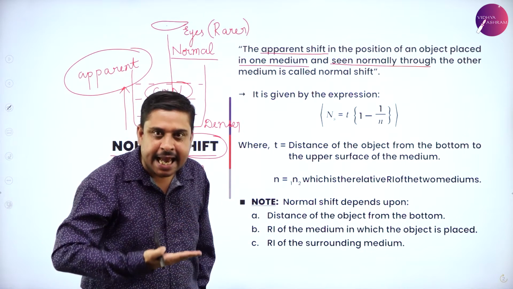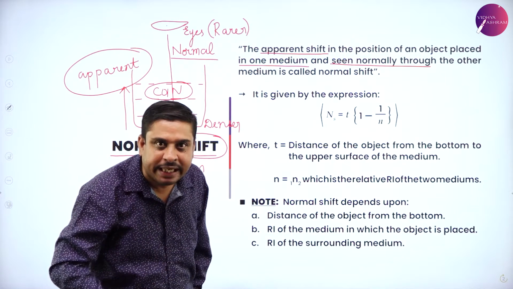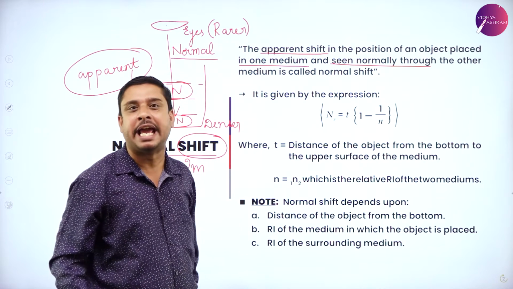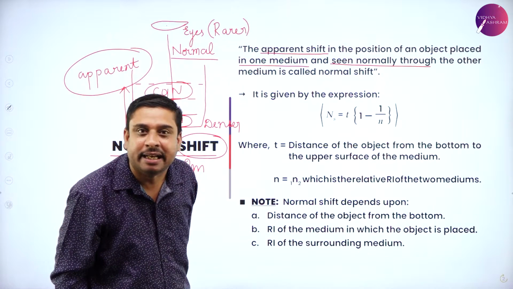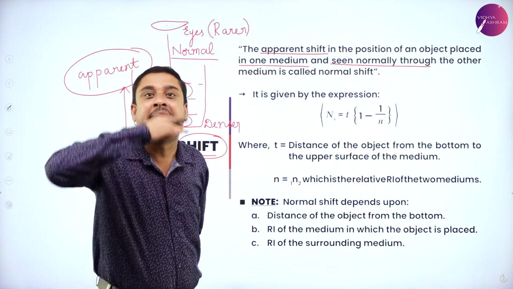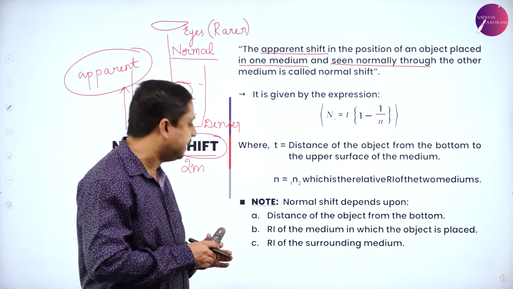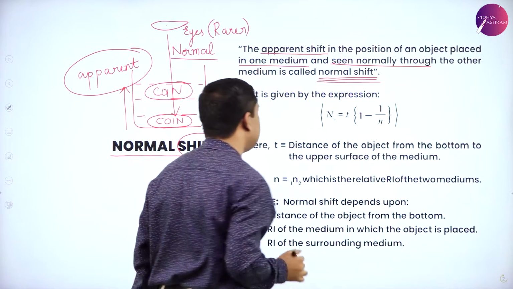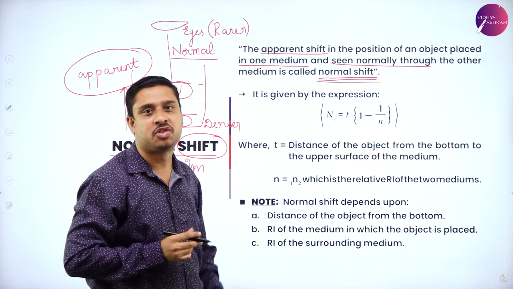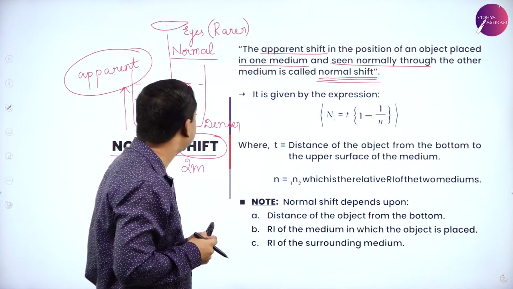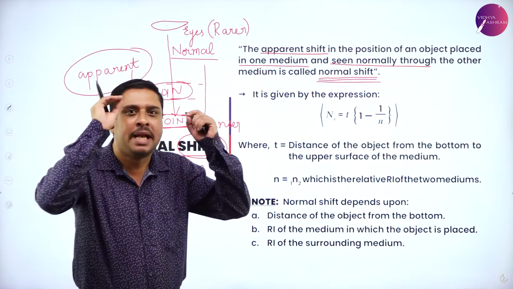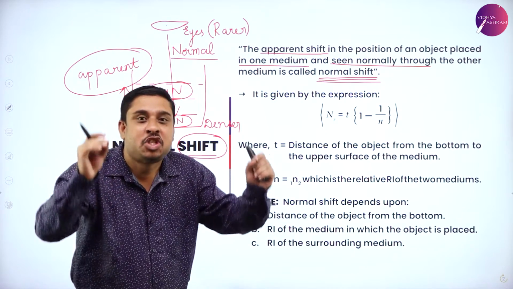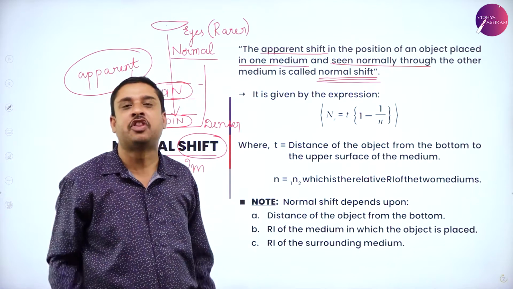The object is placed in one medium and it is seen normally from the other medium, there is an apparent shift now, and that apparent shift is called as normal shift. So what is normal shift, students? Please do keep in mind there is no real change in the position of the object.